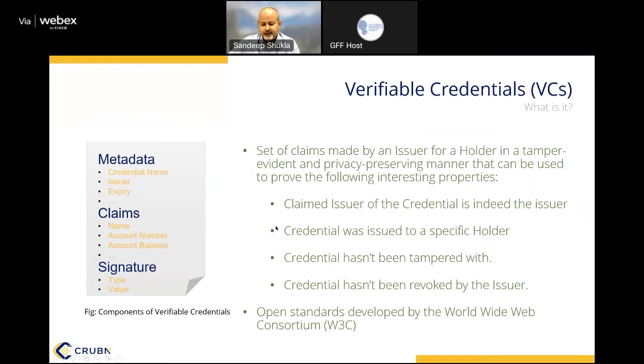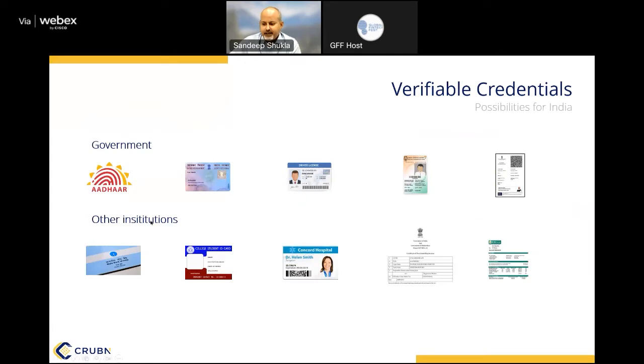So verifiable credential, I will not go through the entire slide, but verifiable credential is an open standard developed by the Worldwide Web Consortium. So our wallet and our technology is interoperable with that. You can actually create a verifiable credential out of Aadhaar.